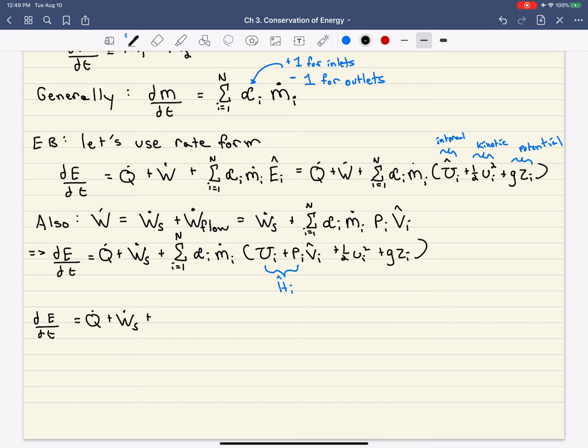That way we don't need to independently consider what the pressure or the specific volume of the streams are at the inlet and the outlet. So what we end up getting is now this equation with enthalpy built into it.